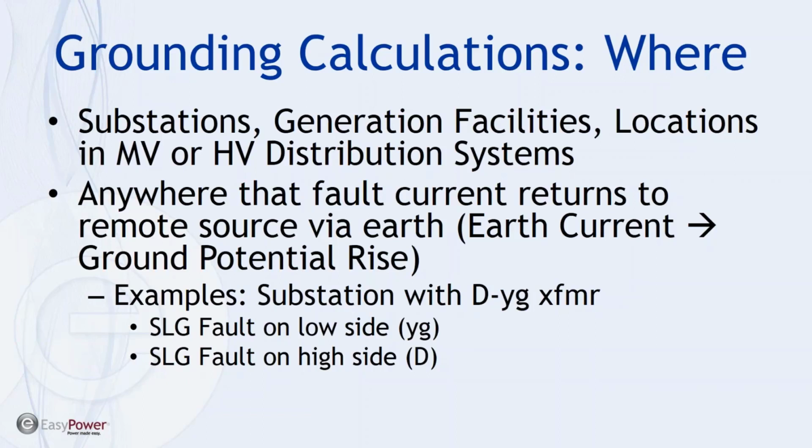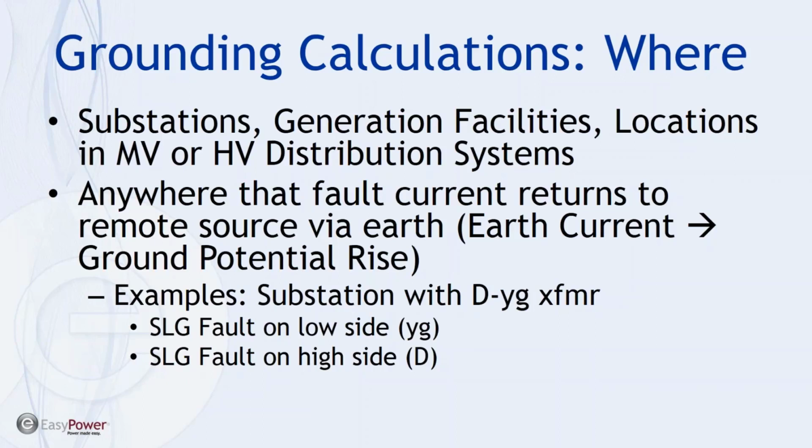If you have a single line to ground fault, and we're generally worried about single line to ground faults because that's where we see ground current flowing, where current is flowing between conductors and earth and back to some source.